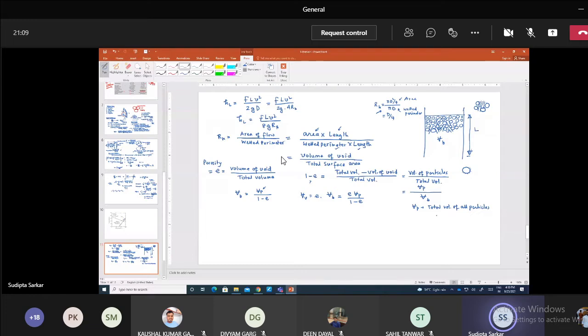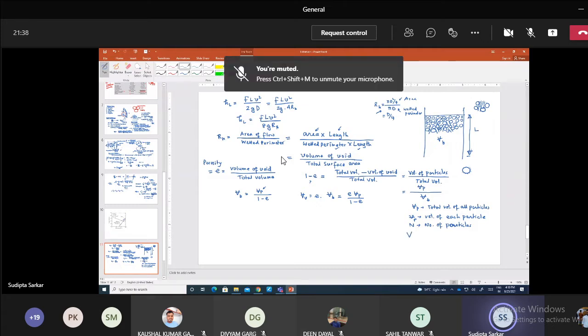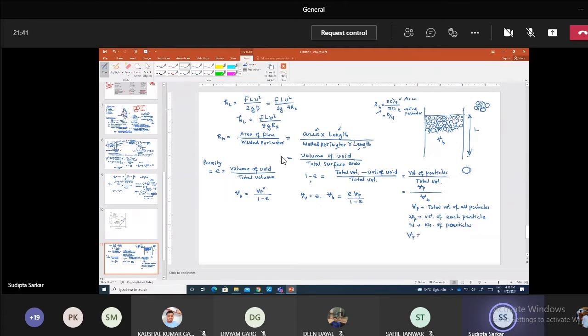And if you write small v as the volume of each particle, and n is the total number of particles, then you can write that capital Vp equals n into small v, right?